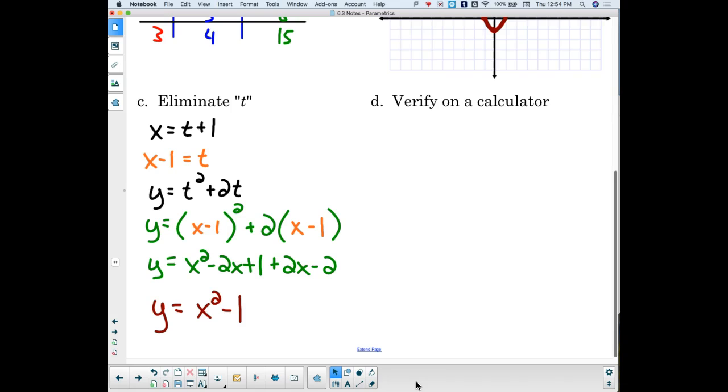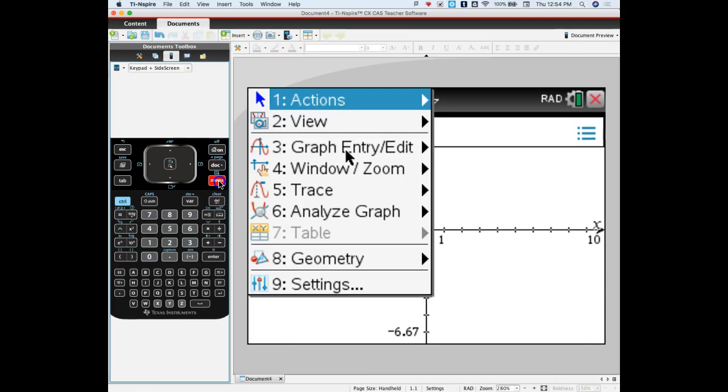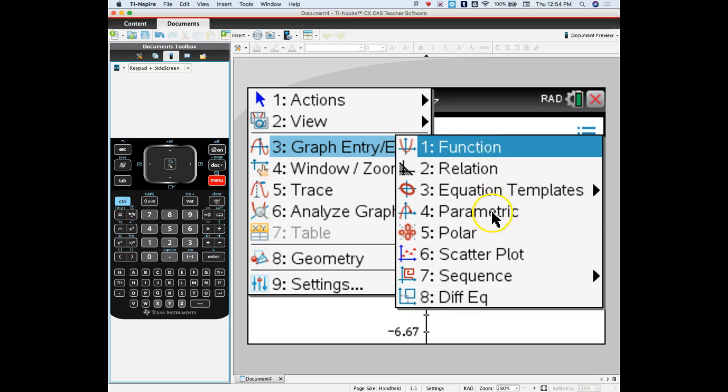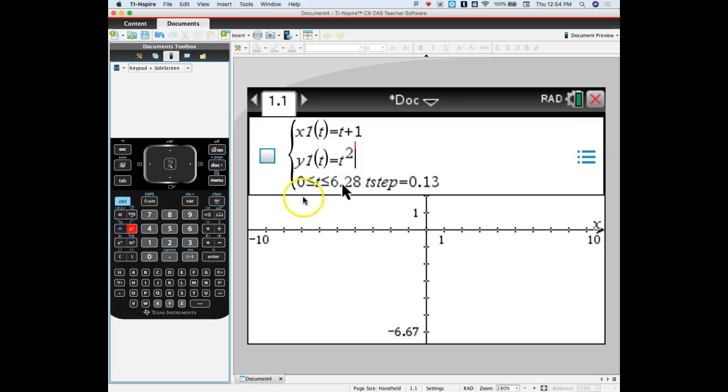Now, very quickly, let me show you on the calculator how this works out. We will do a lot of this tomorrow, so I'm going to first change this to parametric. Then this becomes t plus 1. This becomes t squared plus 2t.